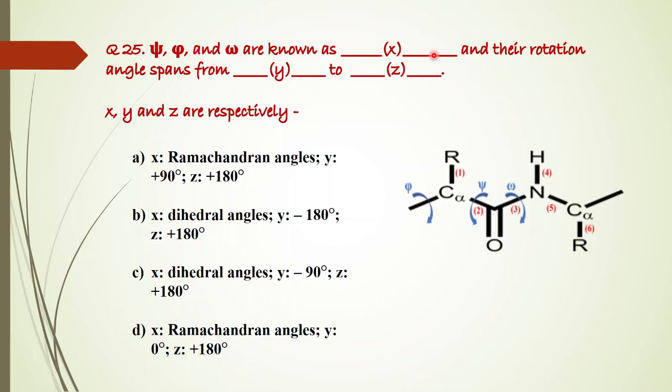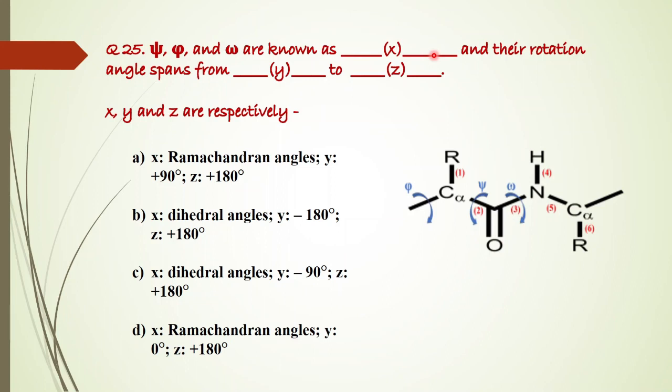So this is just a nomenclature question. The angles are called dihedral angles. The angles between different planes are called dihedral angles. There are no terms such as Ramachandran angles. We call it the Ramachandran plot, from which we get the psi and phi angles, but they are not called Ramachandran angles.